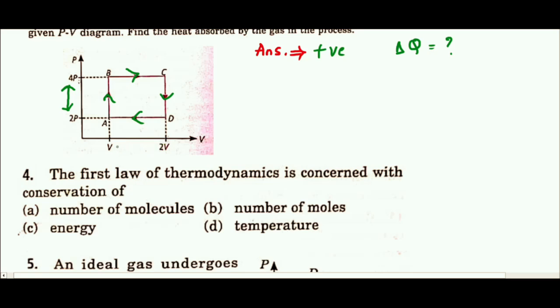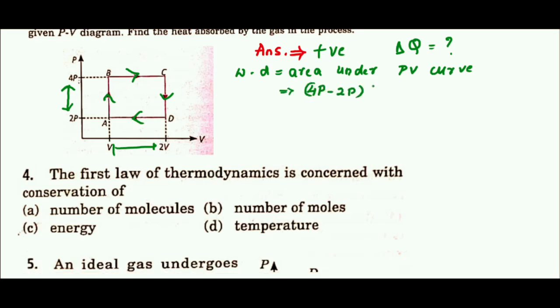So work done is equal to the area under the PV curve, that is 4P minus 2P and 2V minus V, which gives us 2PV, right?